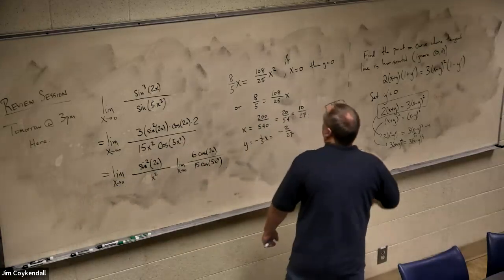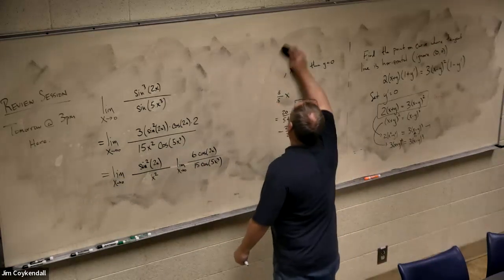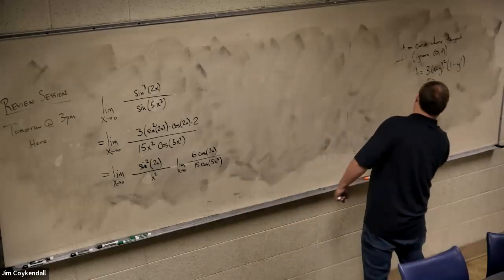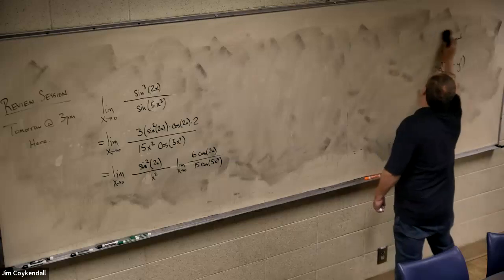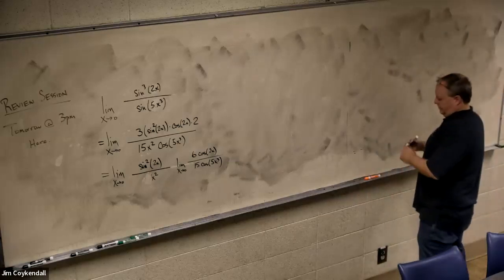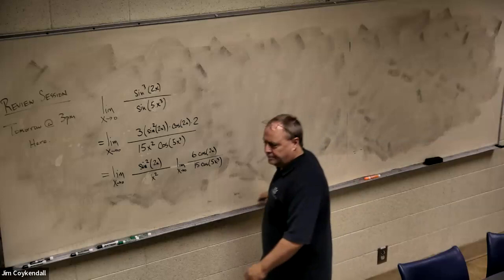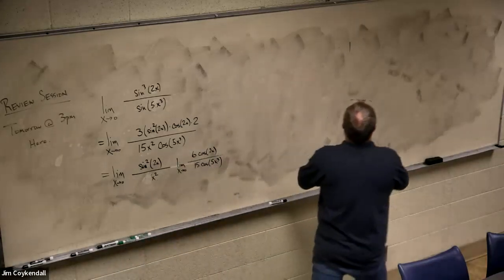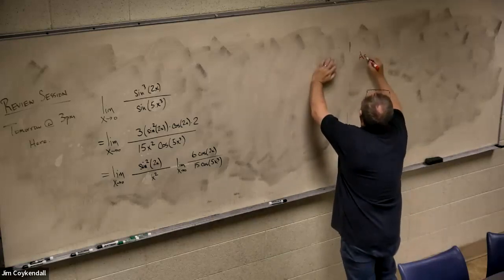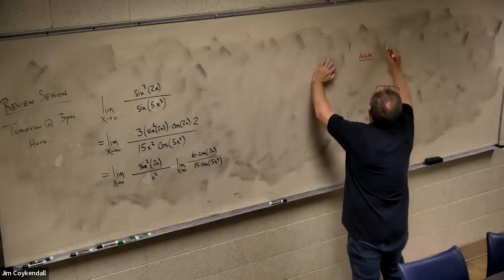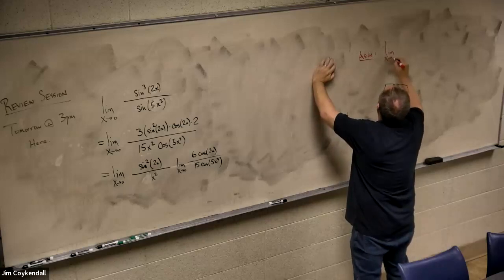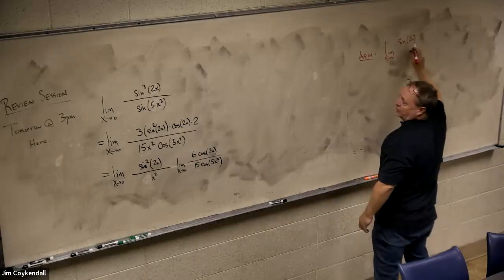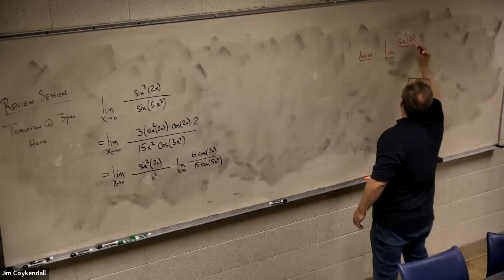So, let me take a little aside here. I'm going to come back to this. Let's just do the problematic one. The limit as x goes to 0 of sine squared of 2x over x.